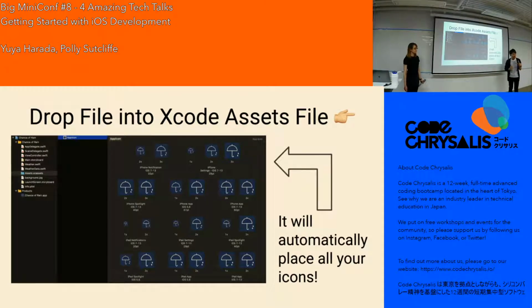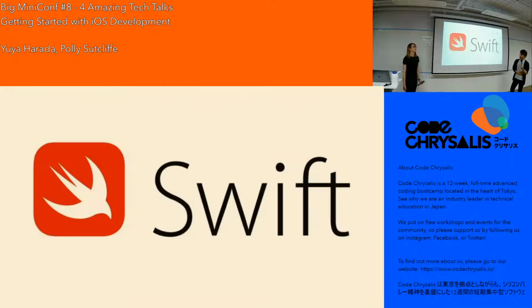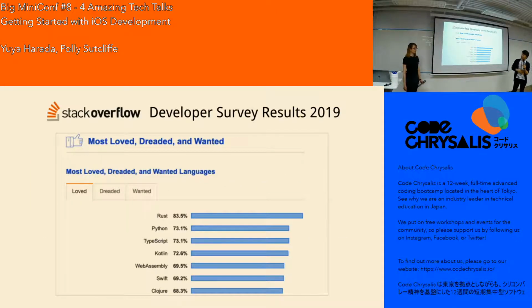Alright, so now you know how to use Xcode and how to make a beautiful app icon. So let's talk about the Swift programming language. Before I hand it over to Polly, I want to describe a little bit about Swift. It was released in 2014 by Apple. I wanted to take a look at this survey result from Stack Overflow.